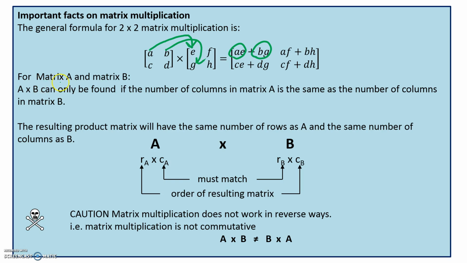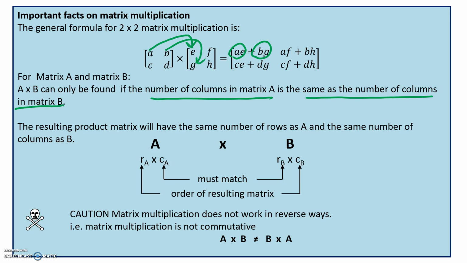For matrix A and matrix B, A times B can only be found if the number of columns in matrix A is the same as the number of rows in matrix B. So that's really important.